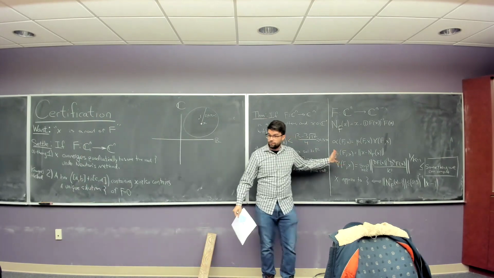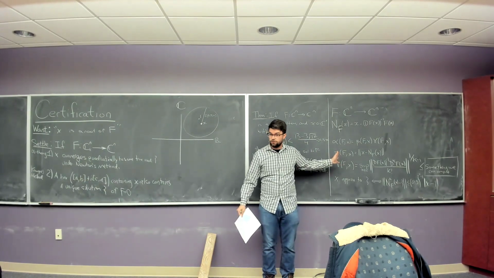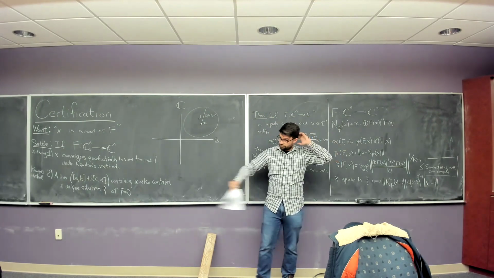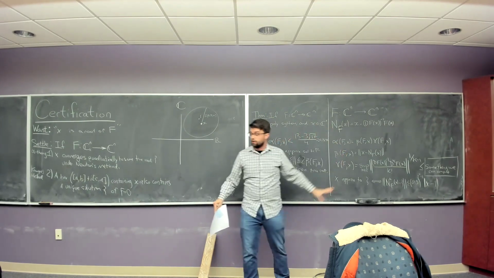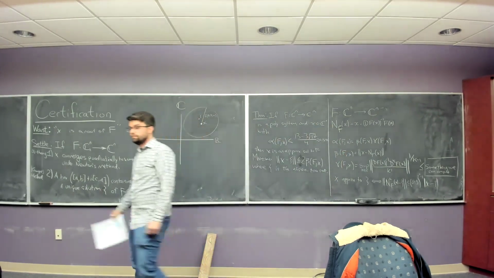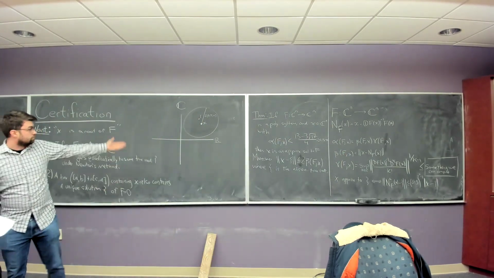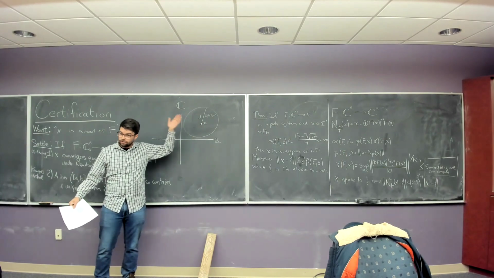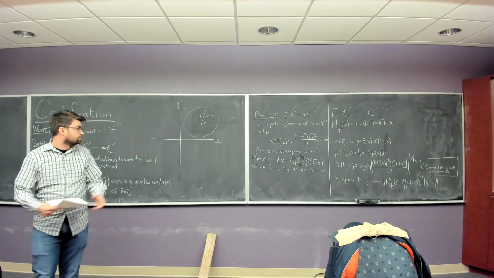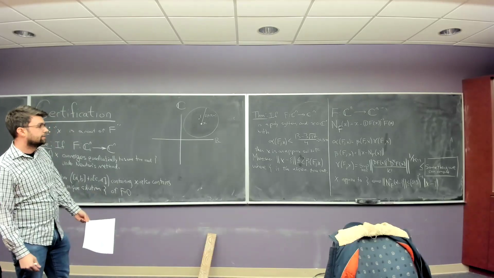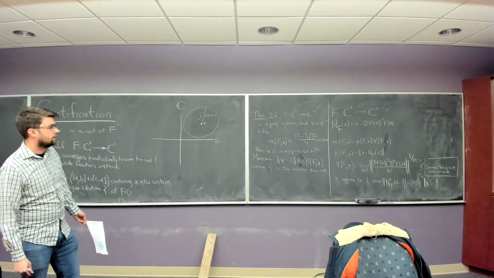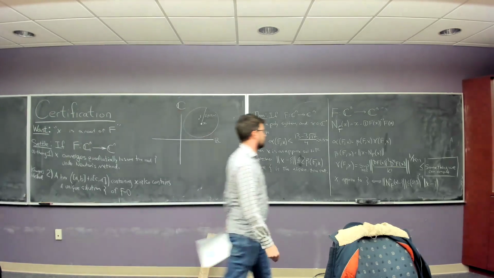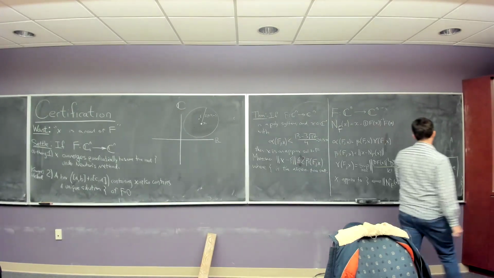All of this applies for more than one variable. Balls in the complex plane become balls in C to the n. Distance in C becomes distance in C to the n.